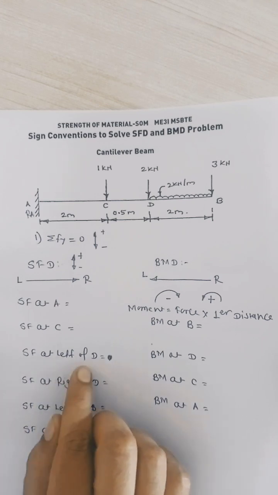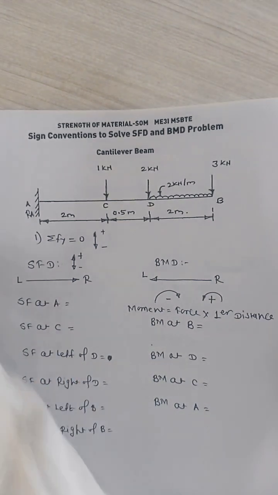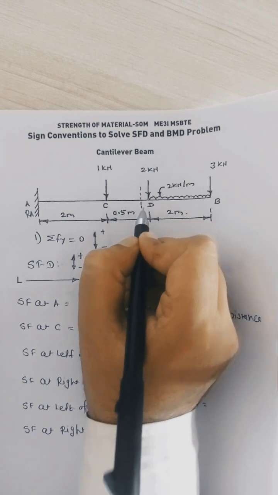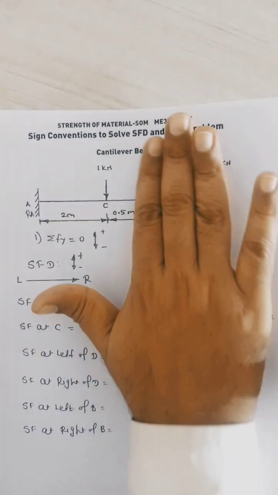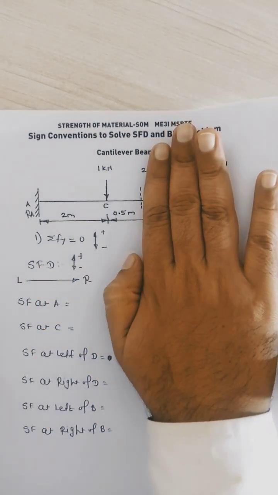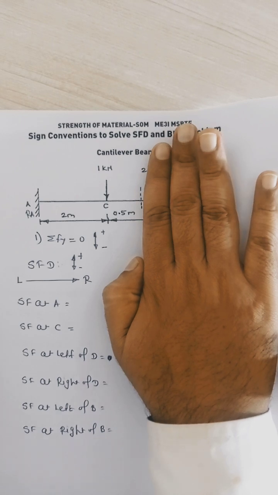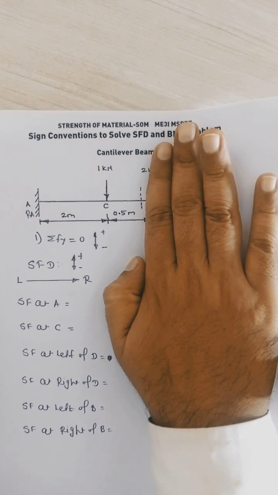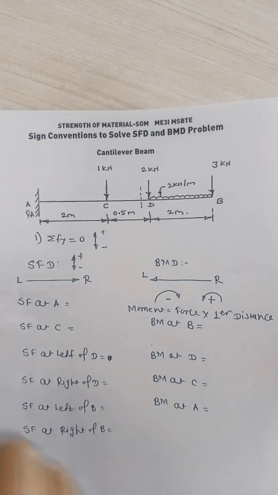Shear force at the left of D. Left of D means where? Here, left of D, up to the dotted line we will consider the forces. For the left of D, we will consider the forces up to the dotted line only. And what is here?